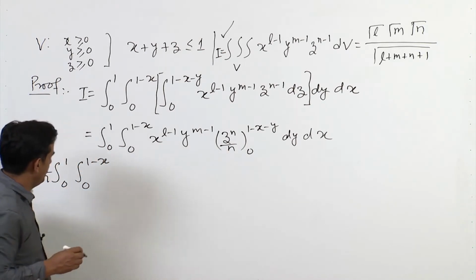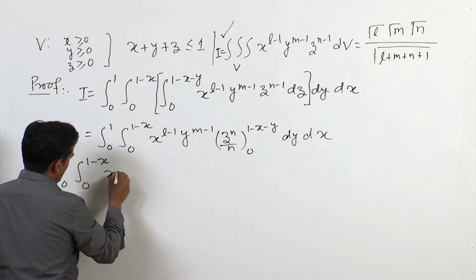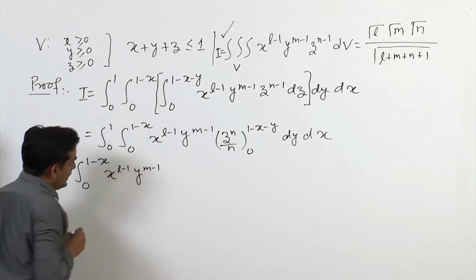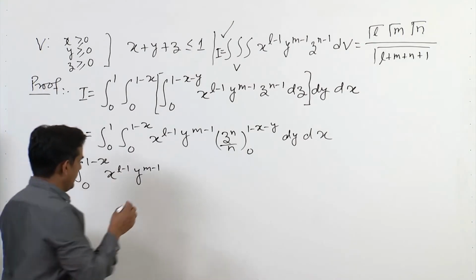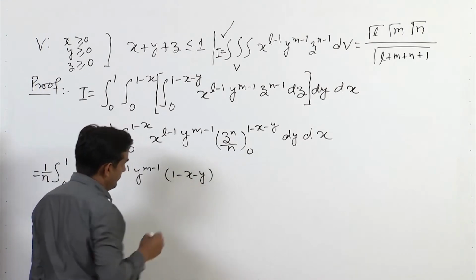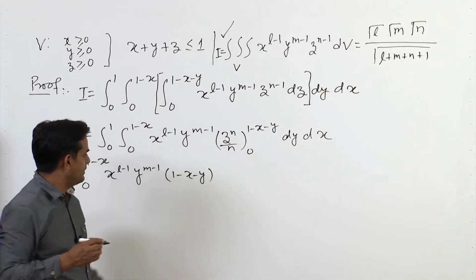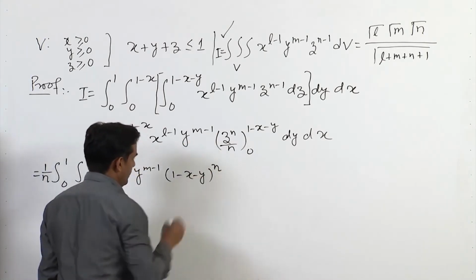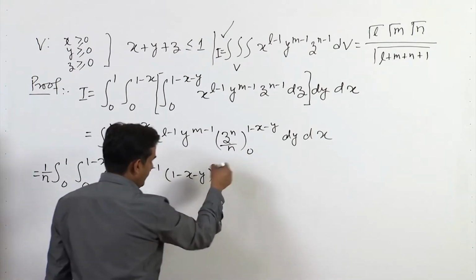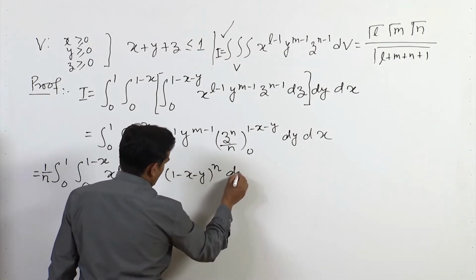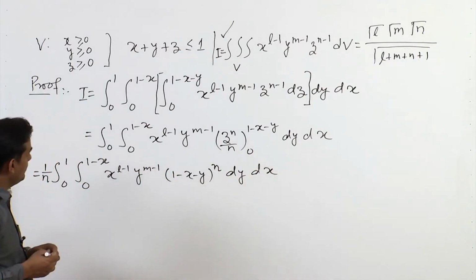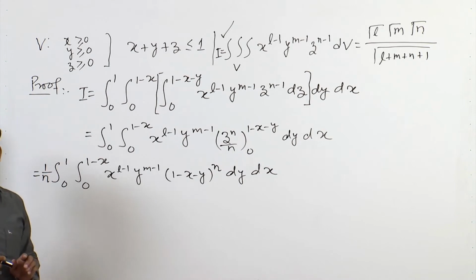This term x^(l-1) y^(m-1) and then (1 minus x minus y)^n for z^n. When you put 0 it becomes minus 0, so it remains the same, dy dx. So what we have done is that this triple integral has now become a double integral.